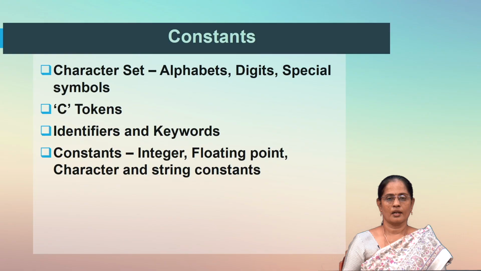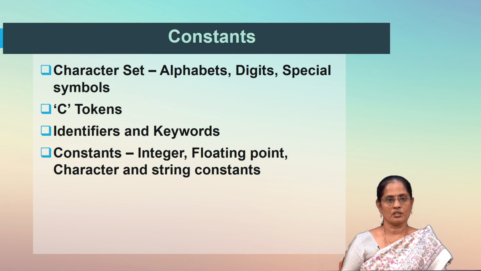So, we have come to the summary part. On summarization, in this module we have learnt about the character set. The character set in C language includes the alphabets in English from A to Z, either in lower case or upper case, and it includes the digits from 0 to 9.